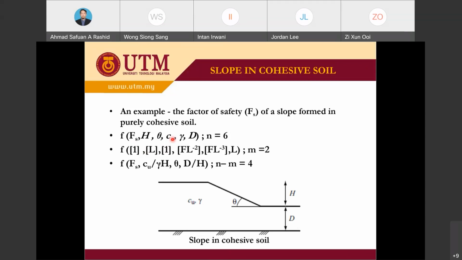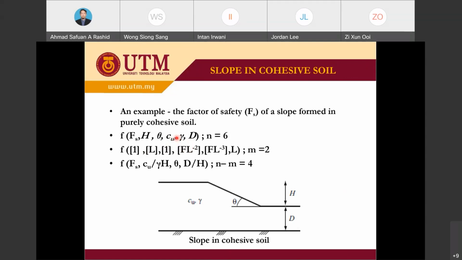Cu is kilonewton per meter square, so that's why it is preferred to use FLT rather than MLT. For Cu, it becomes F, the force in kilonewton, times L to the power of negative 2, which is kilonewton per meter square.